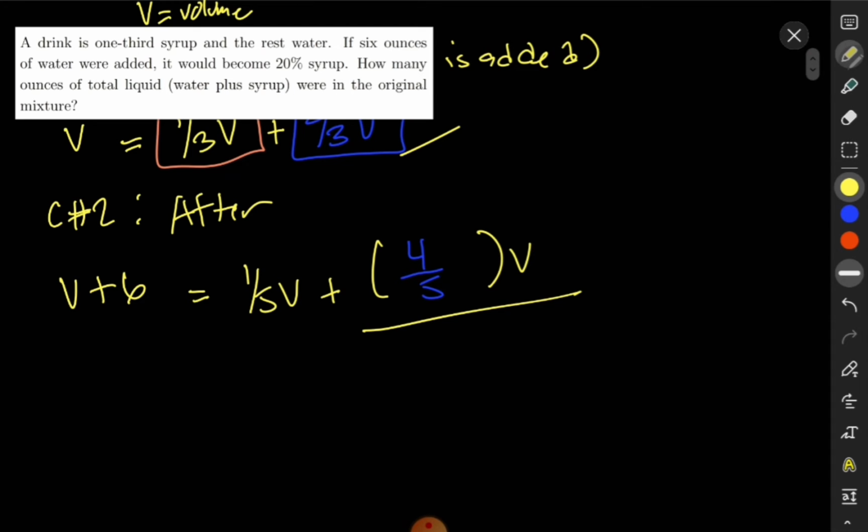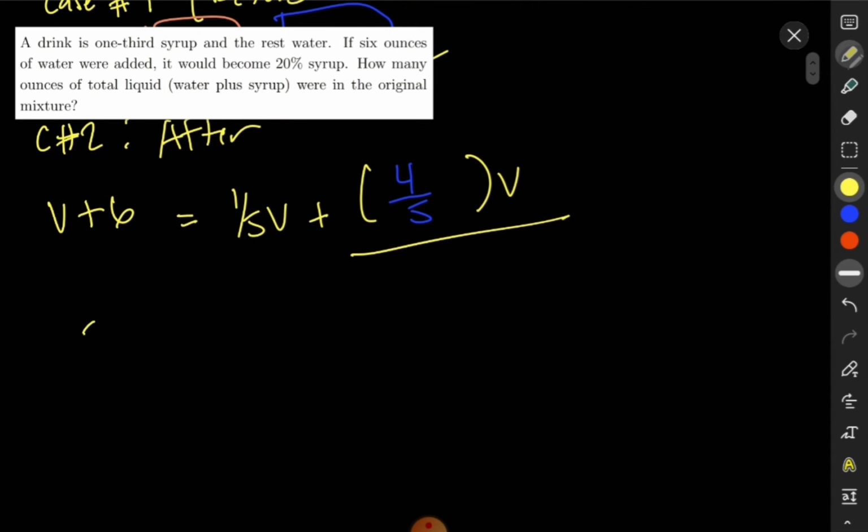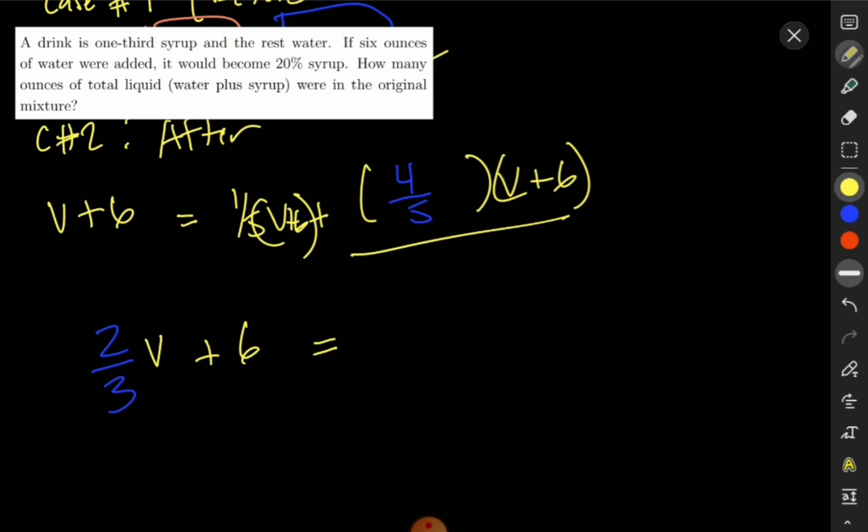The problem will be like this: 2/3, I'm just going to use color blue, so 2/3 of the volume plus 6 ounces, the fraction becomes 4/5. I'm really sorry about that. It must be V plus 6. So it becomes 4/5 of V plus 6.